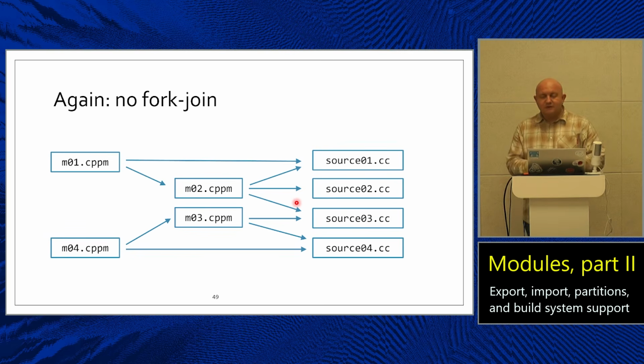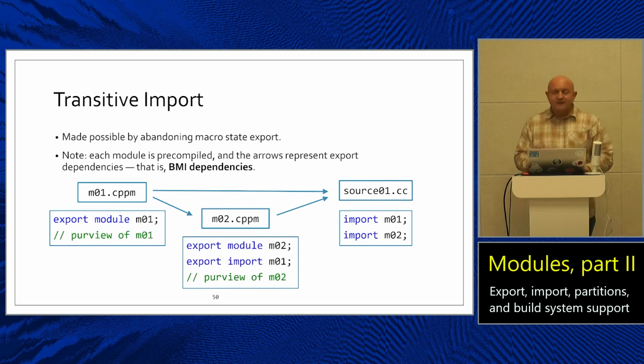So how do we make one module's export propagate through another? And this is where transitive import comes in. What does that mean? Normally, when you write import M1, the module just becomes available in your own compilation unit. But what if you want your clients, the users of your module, to see that same module automatically? That's what export import does.